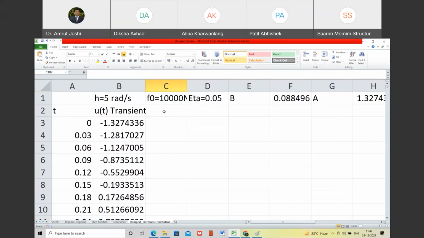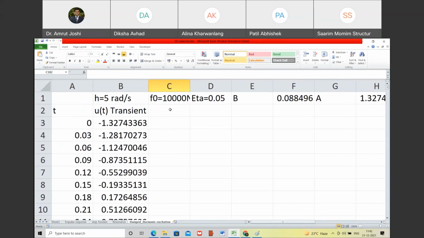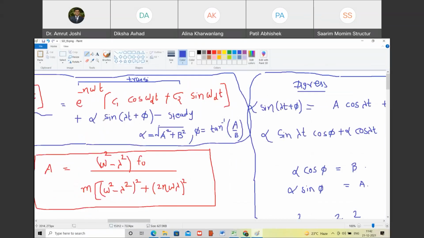And which response will be added to this transient response? U of t steady state response. So I am going to add that. U of t steady state. So how do I write the steady state response? This is equal to alpha sine of lambda t plus phi.